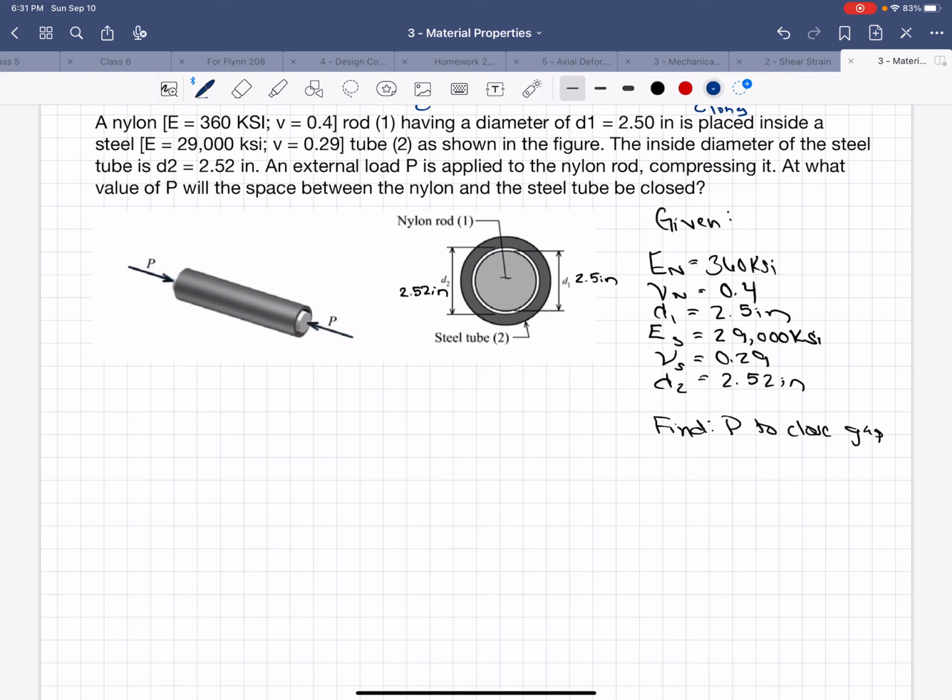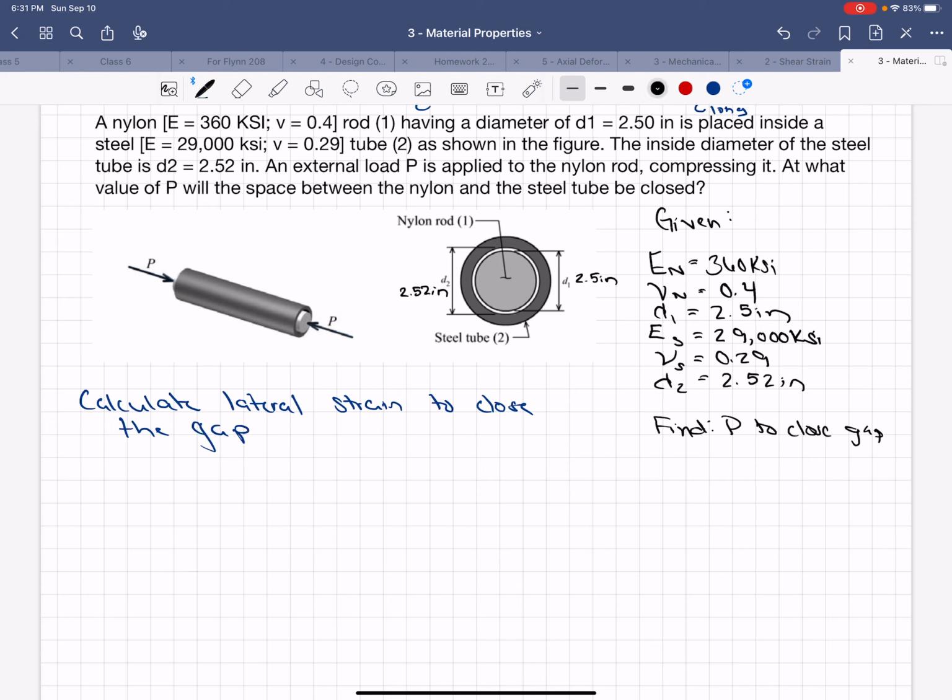Okay, so the first thing we're going to do is calculate lateral strain to close the gap.